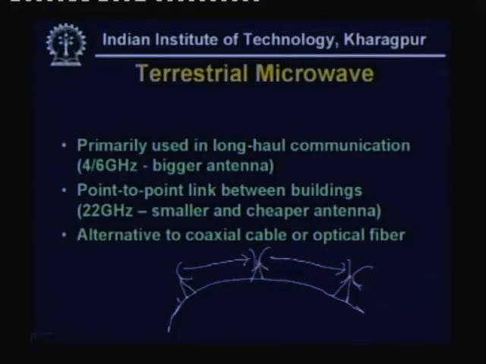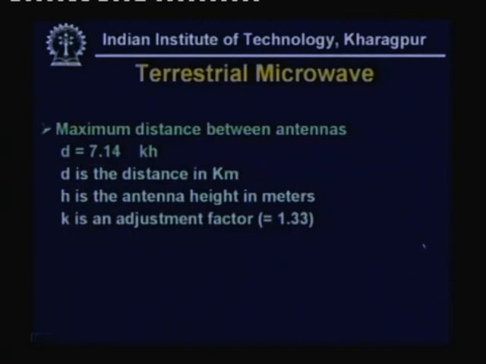But in this case, the antenna has to be properly placed, the height should be proper and the distance should be adjusted, so that the signal reaches the antenna, is amplified and then retransmitted. So essentially they are acting as repeaters.